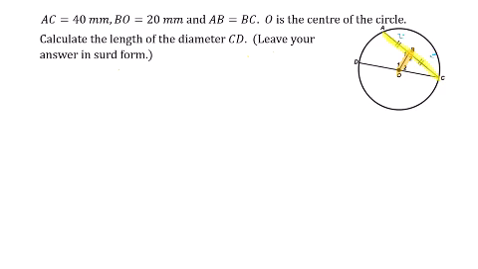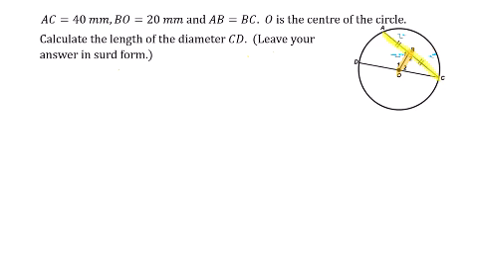The OB value is already given, which is also 20 millimeters. And we said AB is equal to BC and O is the center of the circle.